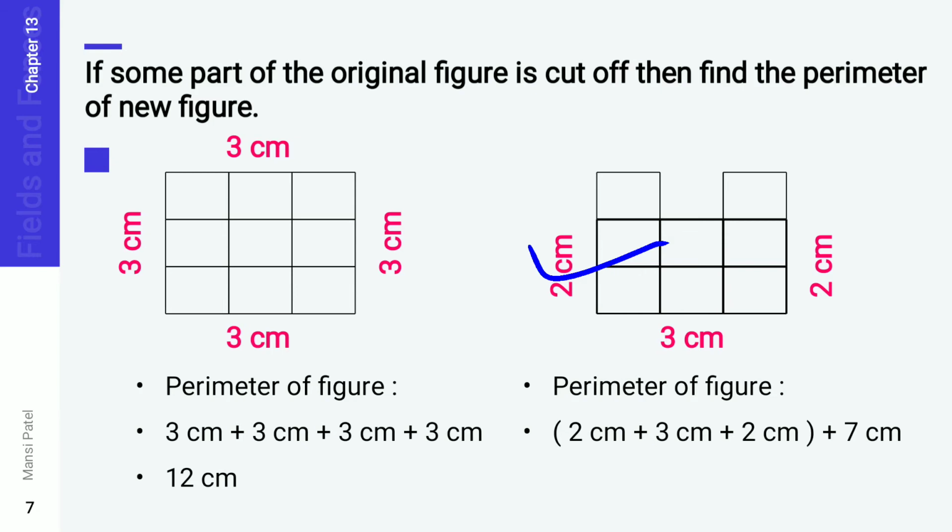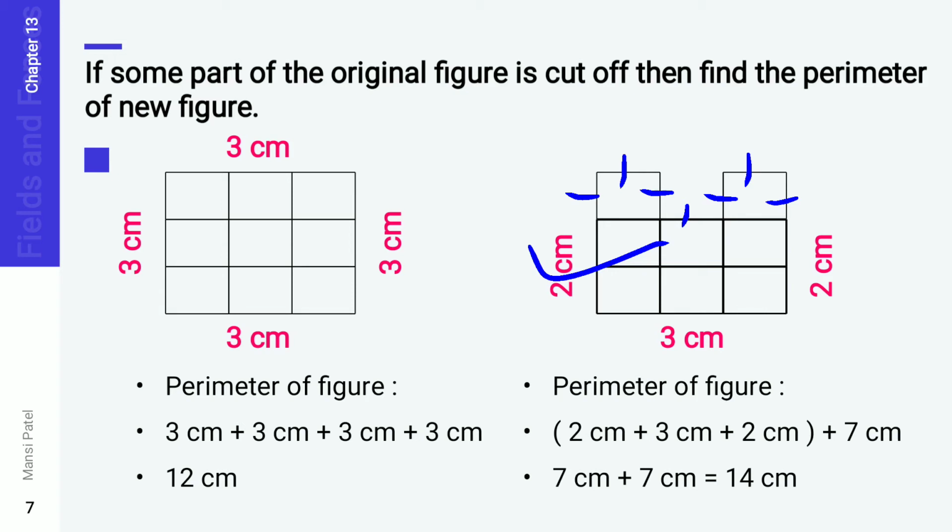See here, I am just adding the remaining sides, which are 1, 2, 3, 4, 5, 6 and this one is 7. So now 2 plus 3 is 5, 5 plus 2 is 7, and 7 plus 7 is 14 centimeter. In this way you have to find out the perimeter of the new figure.